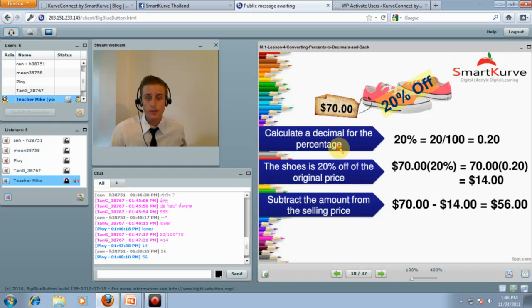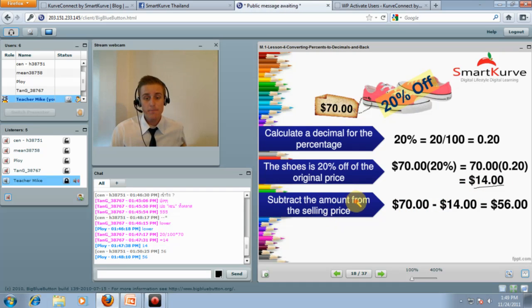Calculate a decimal for the percentage. 20% equals 20 over 100 equals 0.20. The shoes are 20% off of the original price. $70 times 20% equals 70 times 0.20. That is $14.